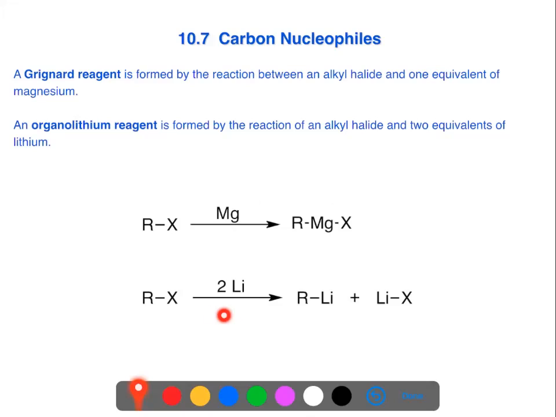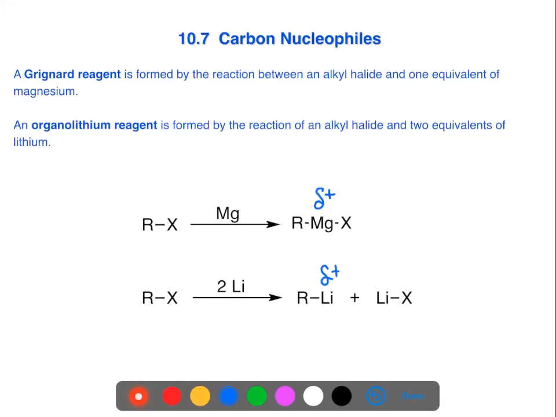Similarly, if we take lithium and introduce that to an alkyl halide, we can form what's known as an organolithium. Now, what's similar about these two systems is that the magnesium and the lithium centers are very electropositive. In fact, in many ways, we consider the alkyl groups bound to these centers as being pretty much carbanions.